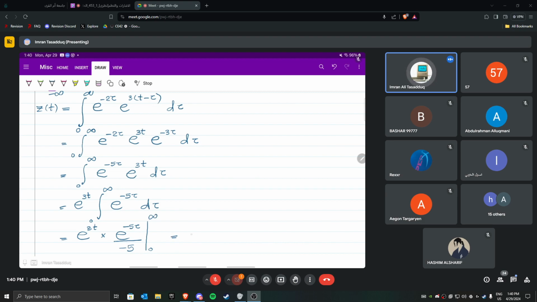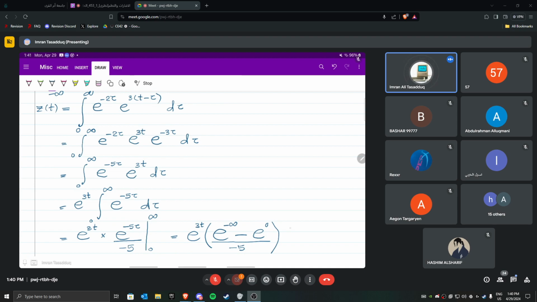This is equal to e to the power 3t, which is a constant. Inside, first we put the upper limit, so it is e to the power minus infinity, minus, then we put the lower limit, so e to the power 0, divided by minus 5.